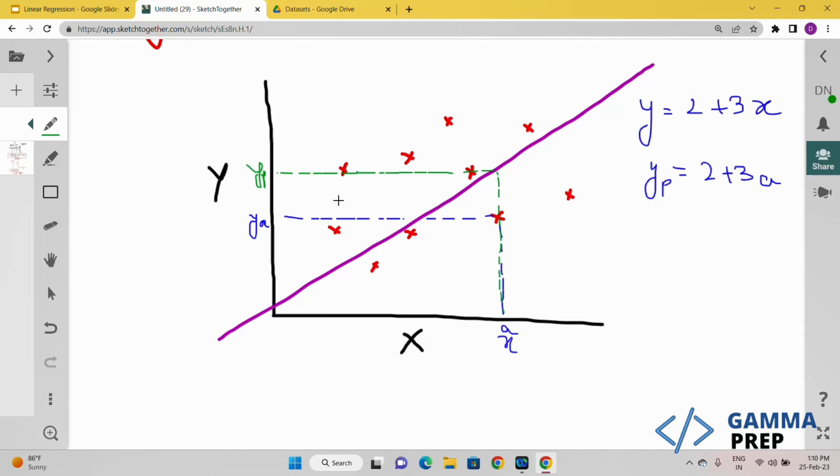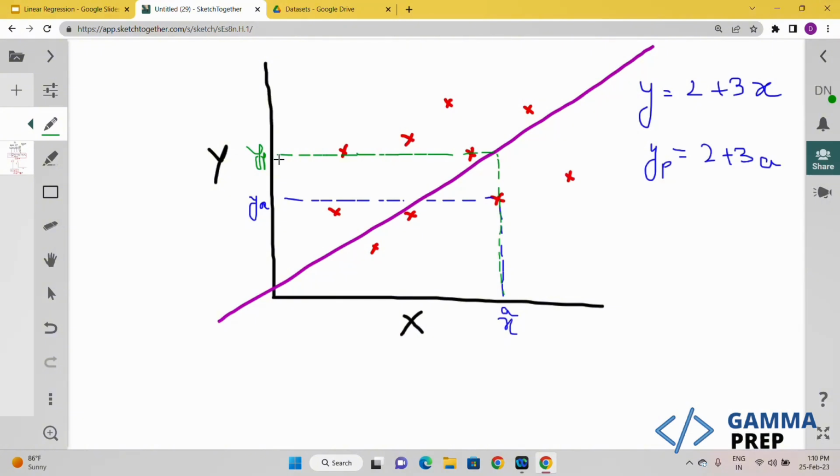Then this ya basically means this is the actual y value of our data point, whereas y predict is the prediction that our model gives. The model, y equals 2 plus 3x, the linear model, right? So the error is written as y actual minus y predict.